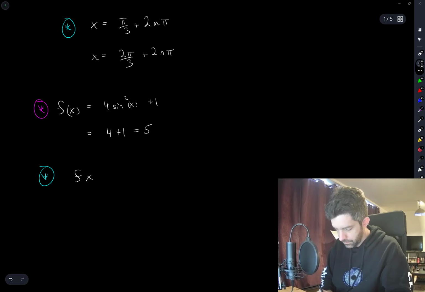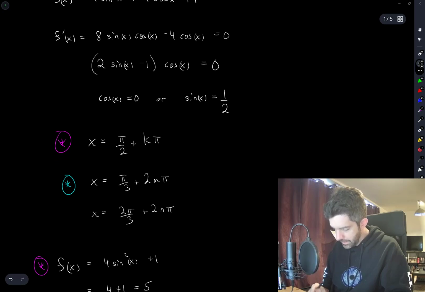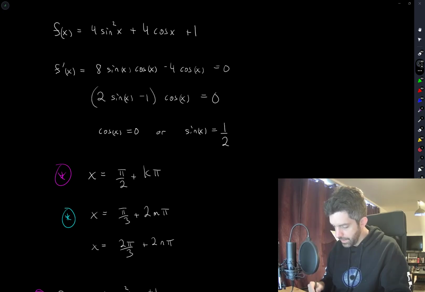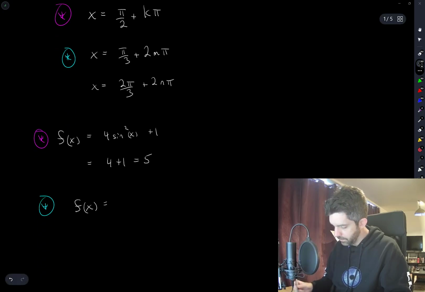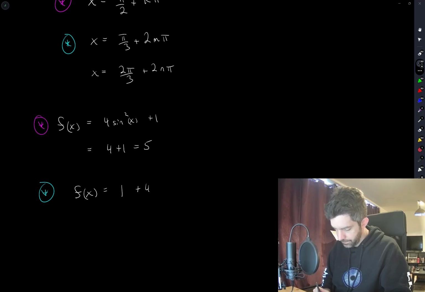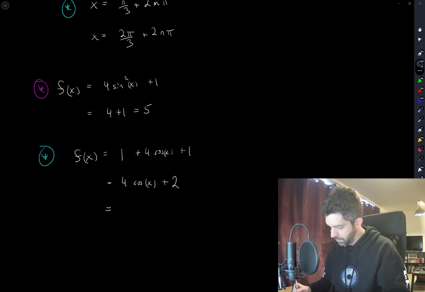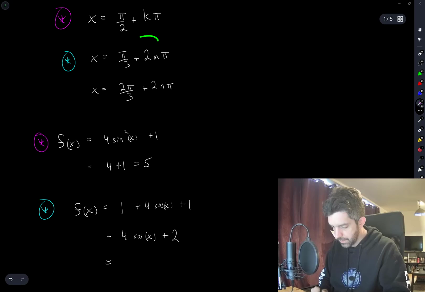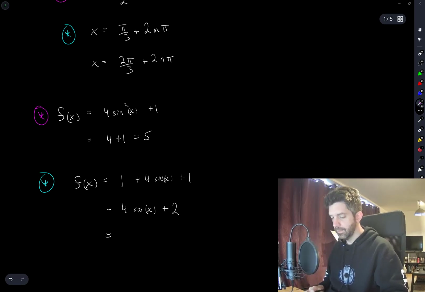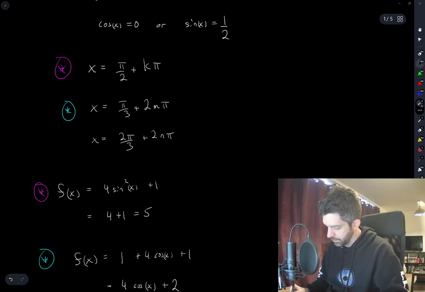Okay, for that value of x, we know sine x is equal to 1/2. So sine squared x is 1/4. So this is 1 plus 4 cosine x plus 1. And at these values of x, what is cosine? Now I'm actually going to quickly draw a triangle.